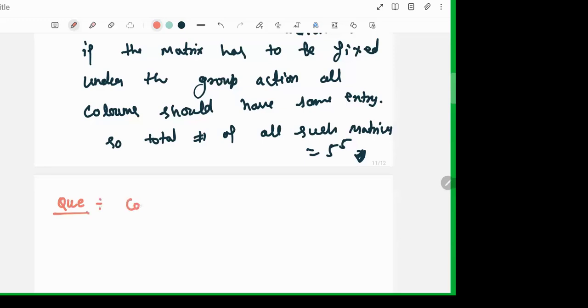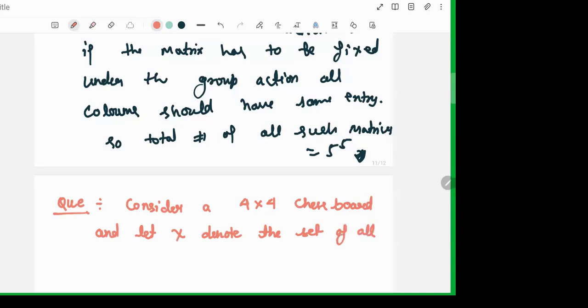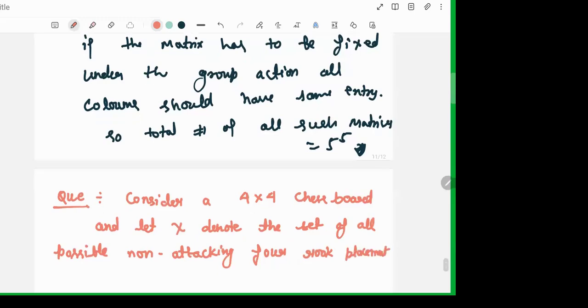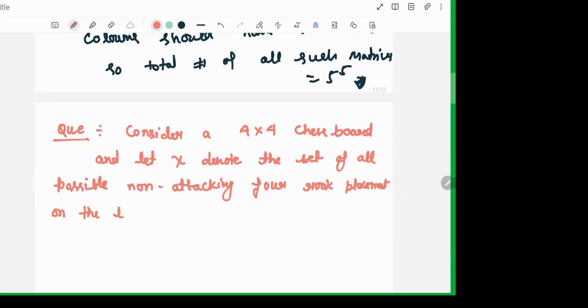Consider a 4 cross 4 chessboard and let X denote the set of all possible non-attacking four rook placements on the board.